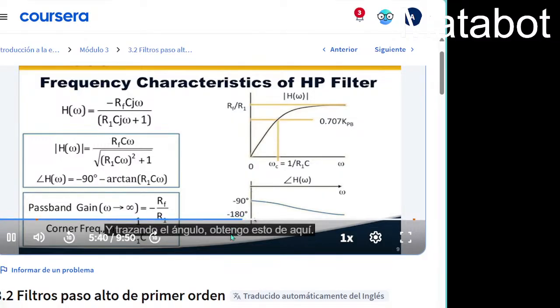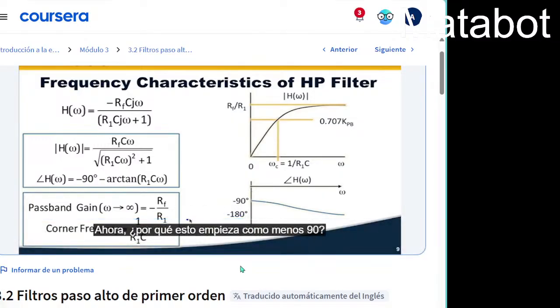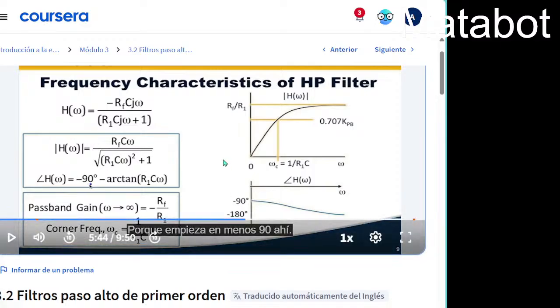And plotting the angle, I get this right here. Now, why does this start out at minus 90? Because it starts out at minus 90 there.